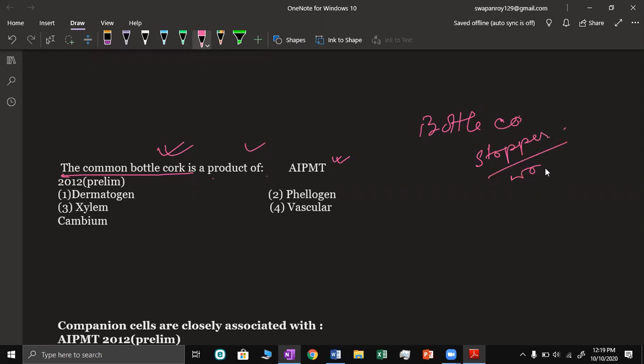Those are slightly spongy, and that is the bottle cork. Is it a product of dermatogen, phellogen, xylem, or vascular cambium?